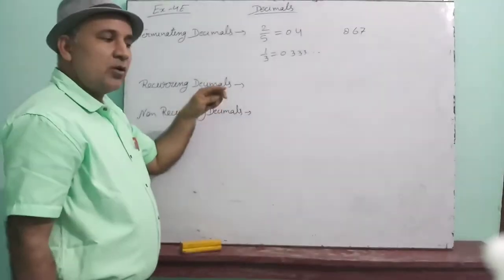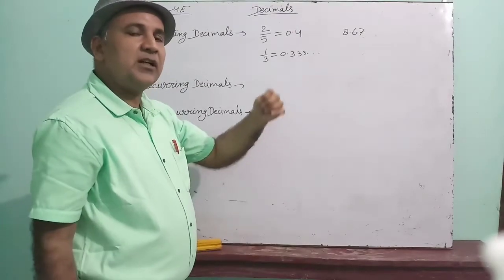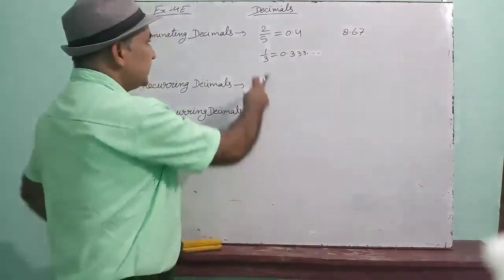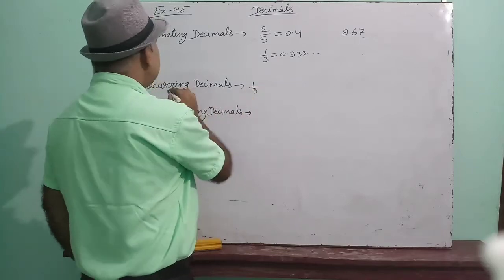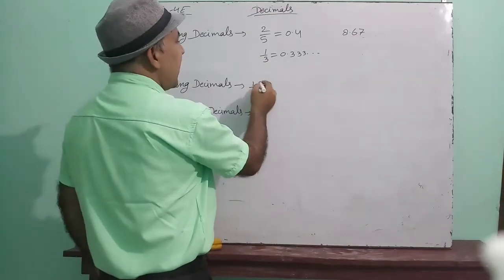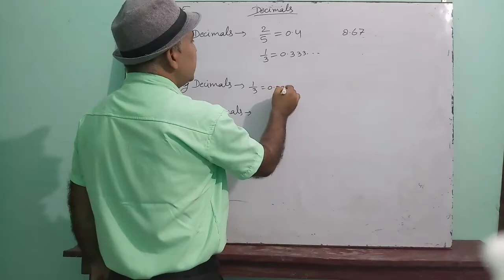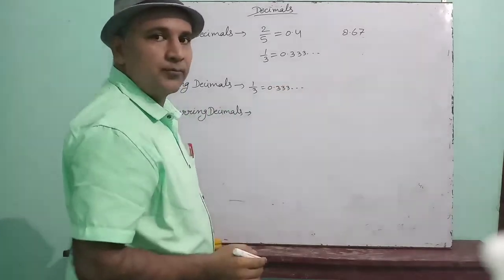Recurring decimal means after the decimal, the digits are repeating, just like here 1 by 3 is a recurring decimal because after dividing it is coming 0.33 and so on.